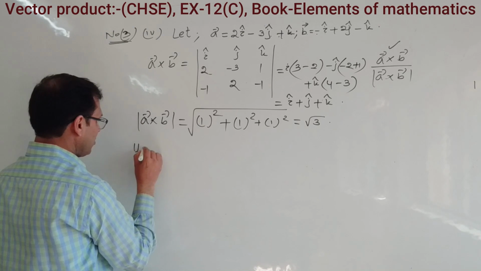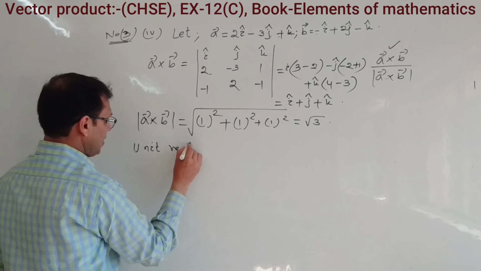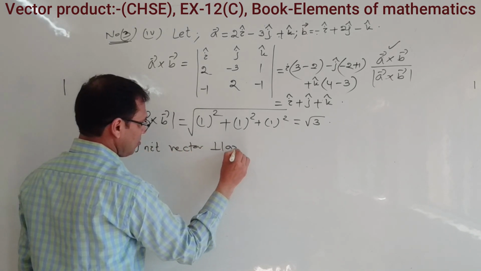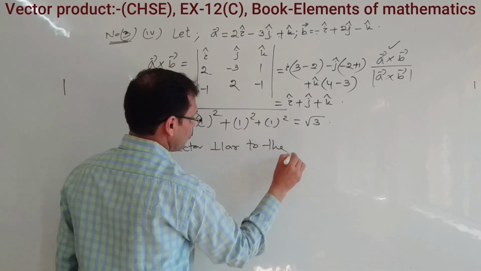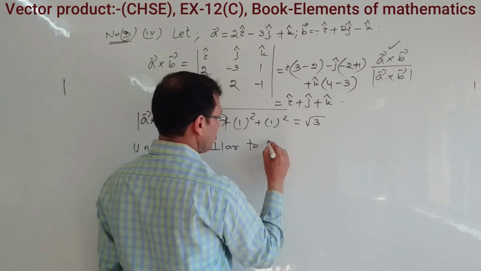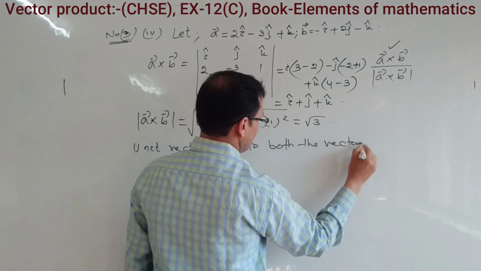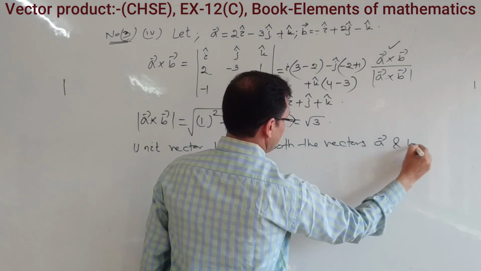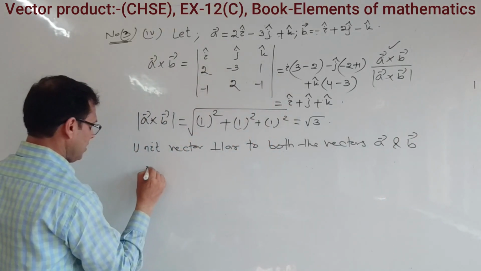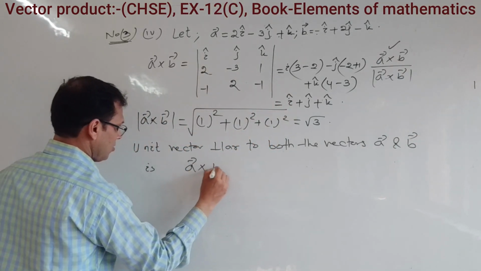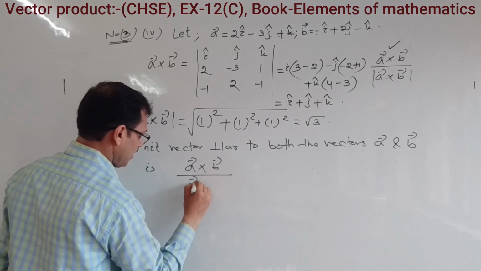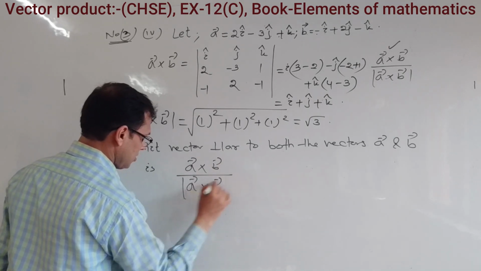Now the unit vector perpendicular to both the vectors A and B is A cross B divided by its magnitude, isn't it?